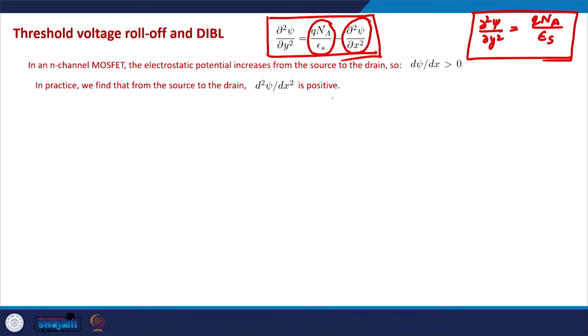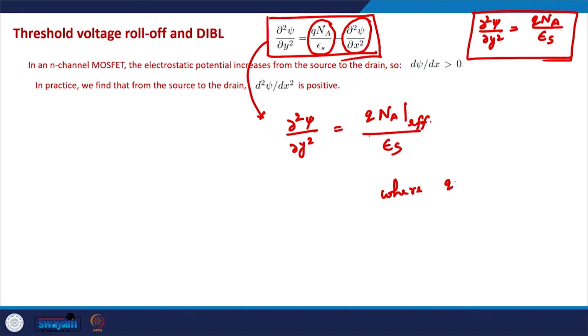So what we can do is write this down as q Na effective divided by epsilon s, where q Na effective by epsilon s is equal to q Na by epsilon s, this value, minus del 2 psi by del x square.